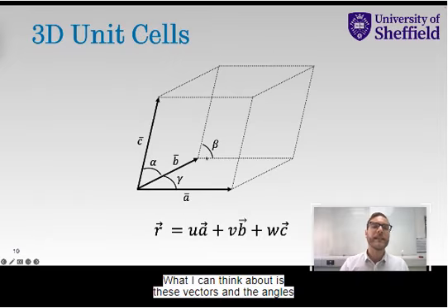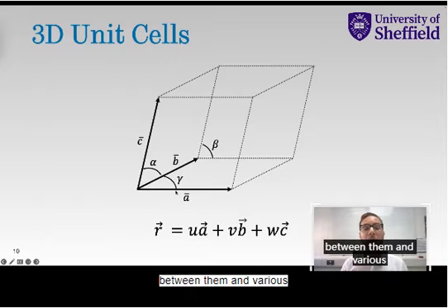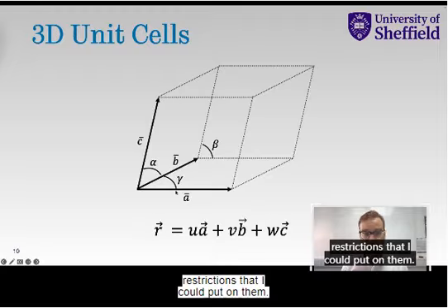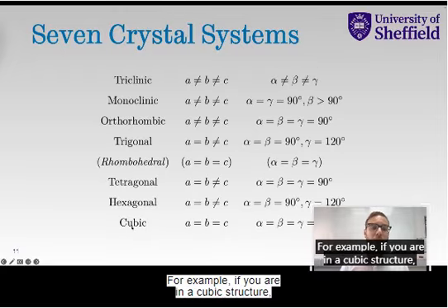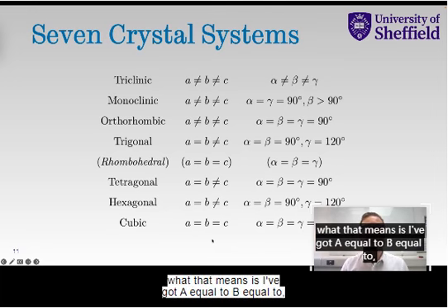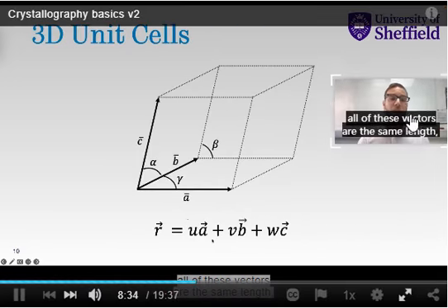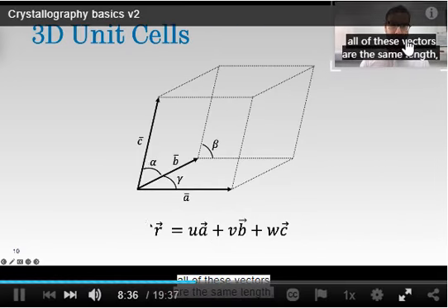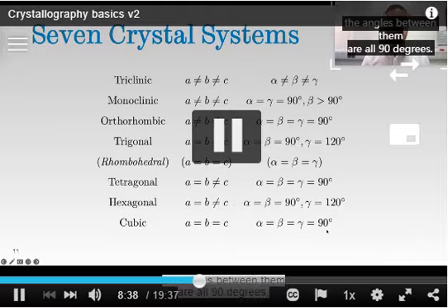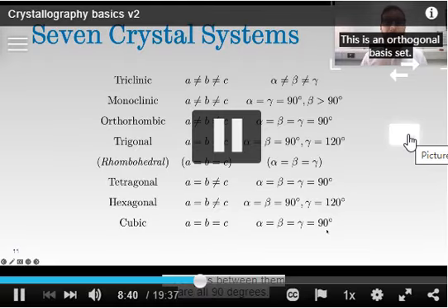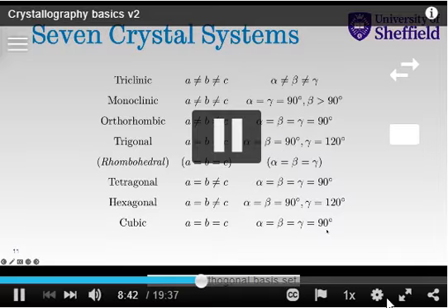So what I can think about is these vectors and the angles between them and various restrictions that I could put on them. So for example, if I were in a cubic structure, what that means is I've got A equal to B equal to C, so all of these vectors are the same length, and the angles between them are all 90 degrees. This is an orthogonal basis set.